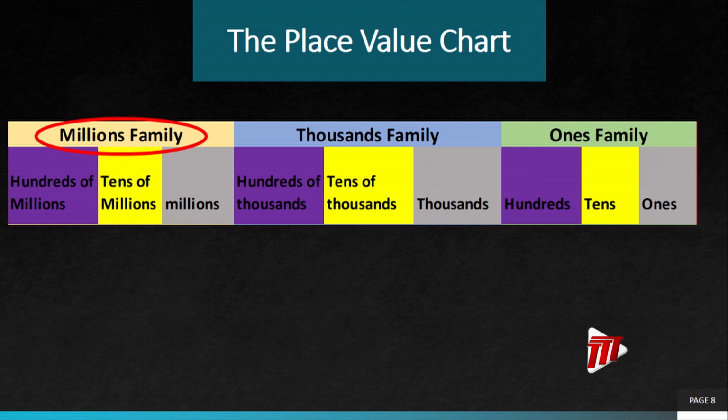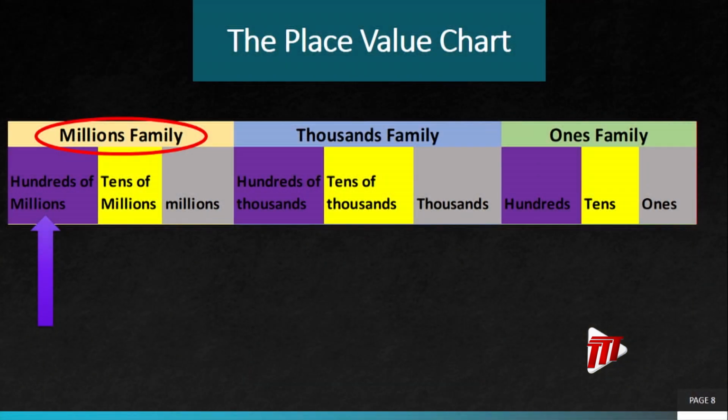And then we have tens of millions, who is the tens member, and hundreds of millions, who is the hundreds member of that family. And remember what I said earlier, this place value chart can continue infinitely without ever stopping if we continue going to the left. All you must remember is that each family has 3 members: a ones member, a tens member, and a hundreds member.